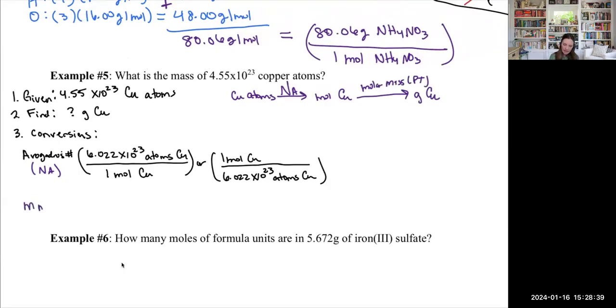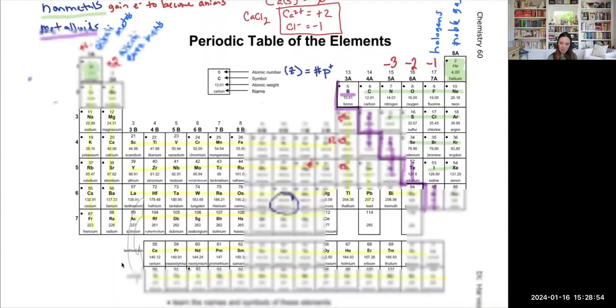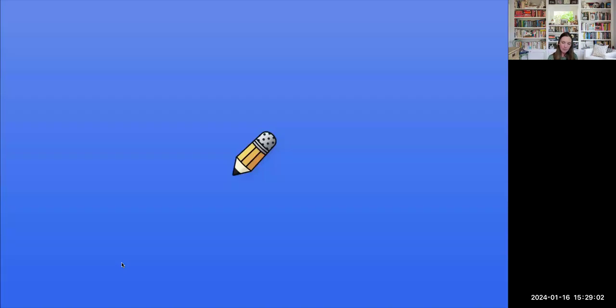So my molar mass for copper: 1 mole of copper has a mass of 63.55 grams of copper. And that number, again, comes from the periodic table. So finding copper is right here, 63.55 grams per mole.